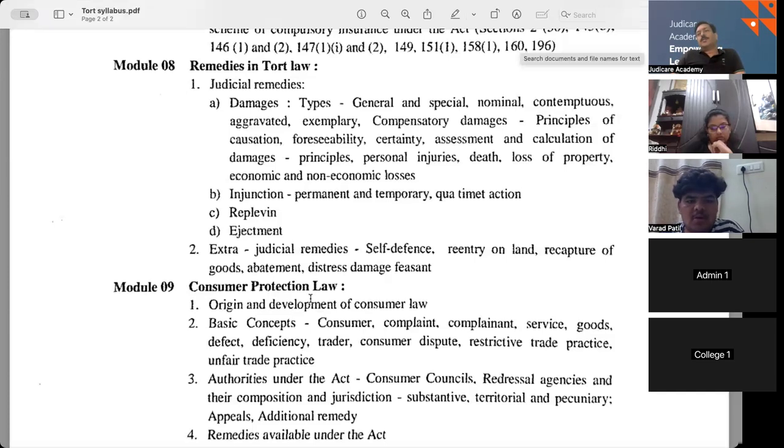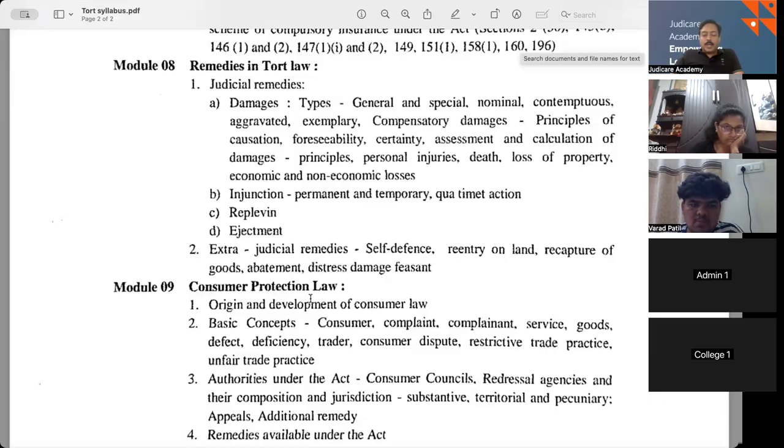For example, if there is a property in question where a legal battle is going on, and there is a chance the other party might go inside, destroy something, cause a theft or damage to the property, and both the parties have their own separate abode where they can still stay and live happily, either of the parties can request interim relief, an injunction, saying that until the matter is adjudicated, nobody enters that property.